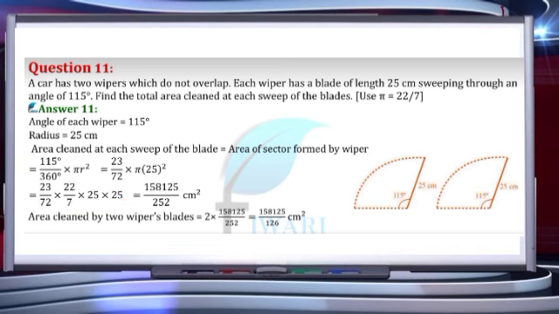That is 158125 over 252 centimeter square. Because we are given two wipers, the total area they can sweep will be 2 into this whole value. So that reduces to 158125 over 126 centimeter square. That is the required area.